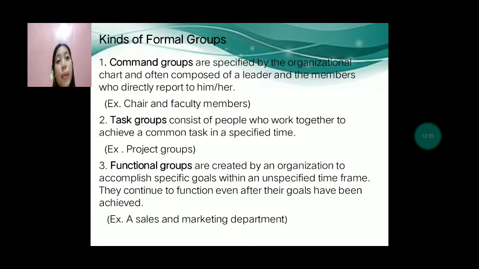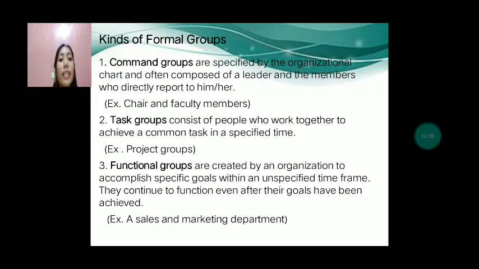In command groups, only the leader and the members exist. For example, the chair and the faculty members. It is the perfect example in which the faculty members report to his or her chair and tackle about something.